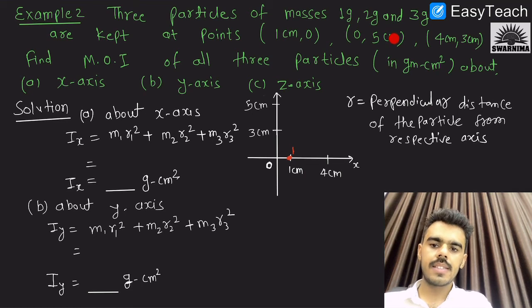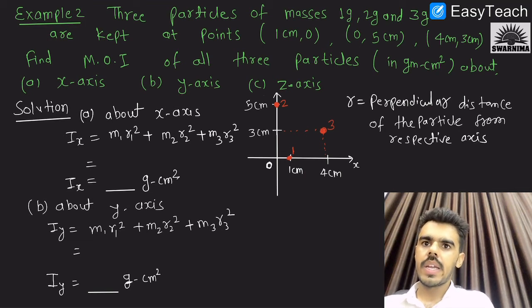So on x-axis it is 0 and on y-axis it is at 5 centimeter. So the second particle is here and the third particle is present at 4 centimeter comma 3. So 4 centimeter on x-axis and 3 centimeter on y-axis. So here is the third particle.